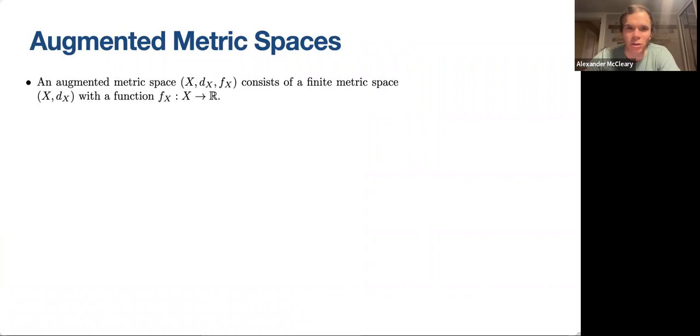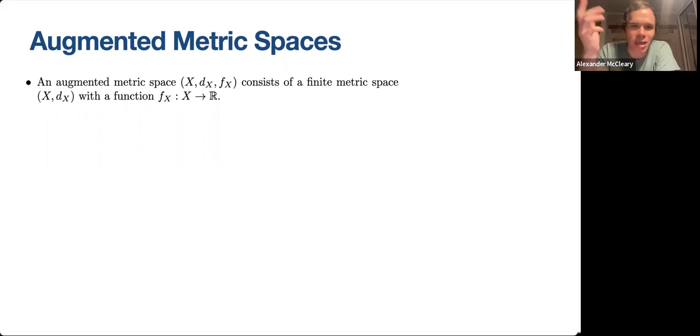of multi-parameter filtrations. But let's move on to augmented metric spaces now, because these are possibly the most important example in multi-parameter persistence. So these augmented metric spaces, right? We've seen metric spaces before, and these are just metric spaces, except we also have a function on the point set of the metric space, right?